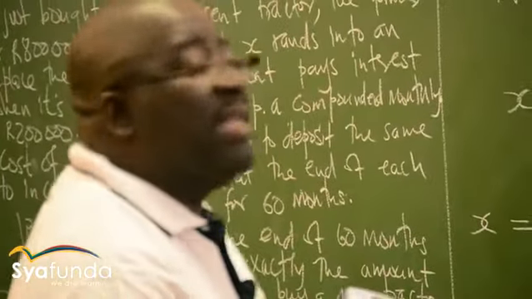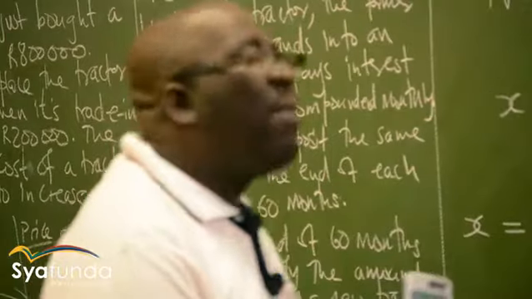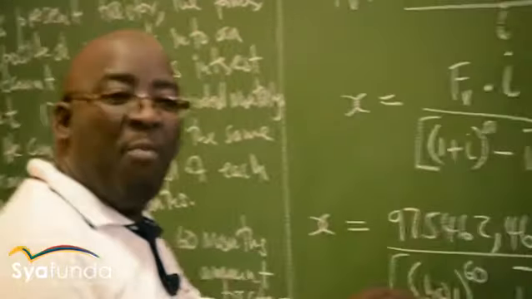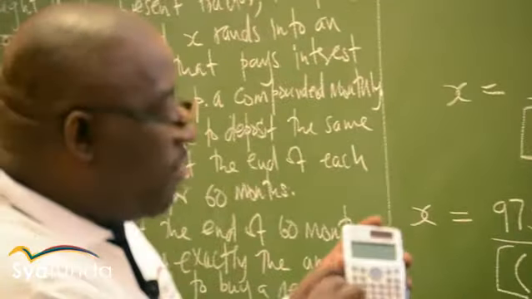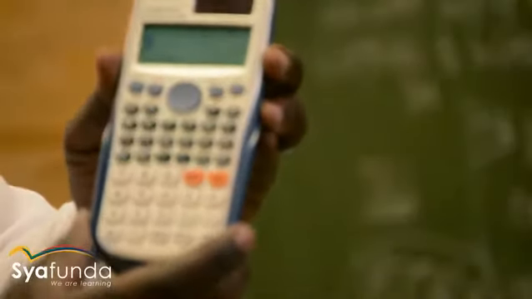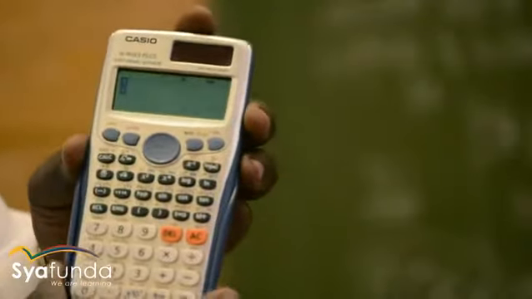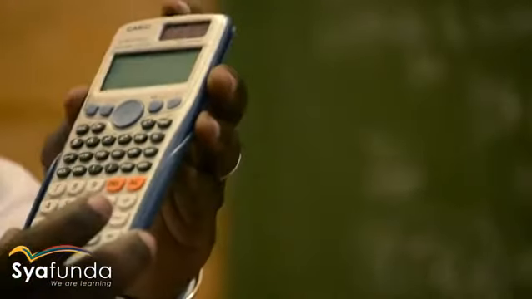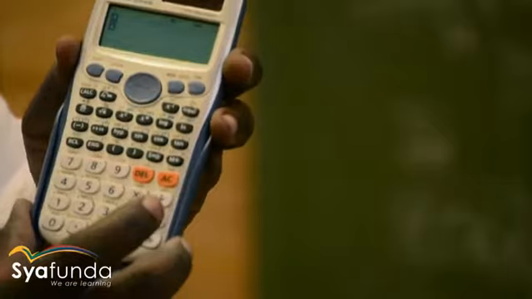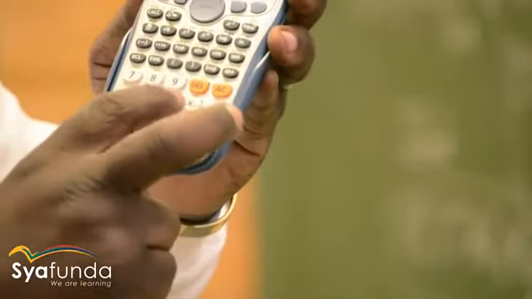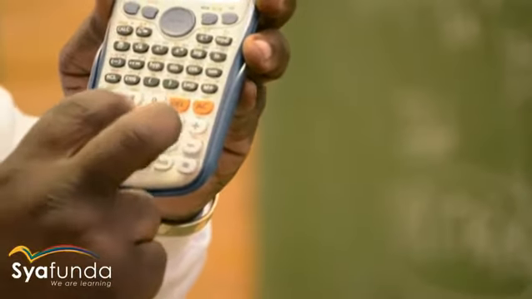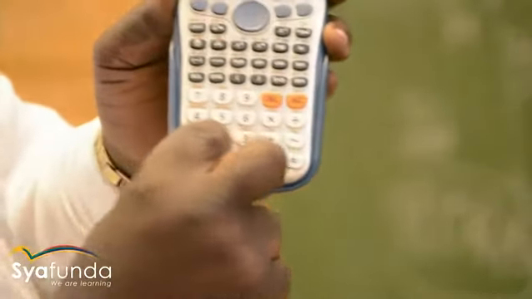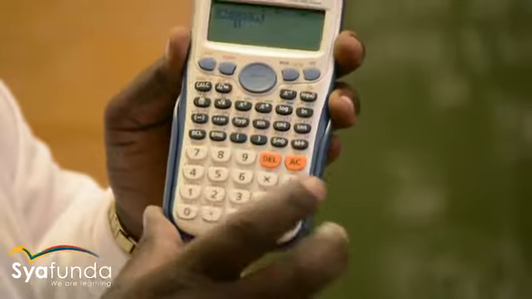You punch what you see. What is it that I'm going to punch here? What I'm going to punch here is in a fraction form. So the first thing that you do, you go to your calculator, you press your fraction button, which is just below the button CALC. So what is it that I see on my numerator? 975462,46.